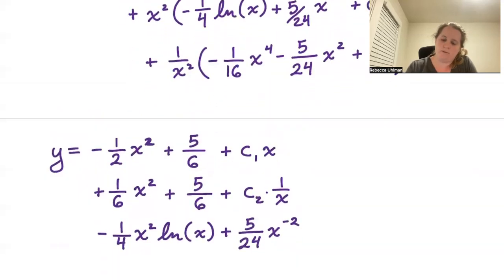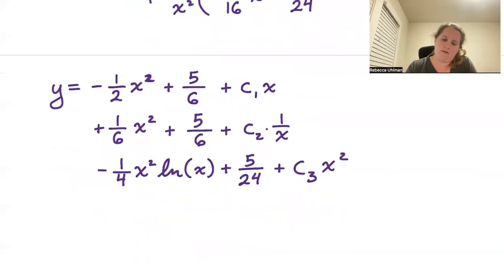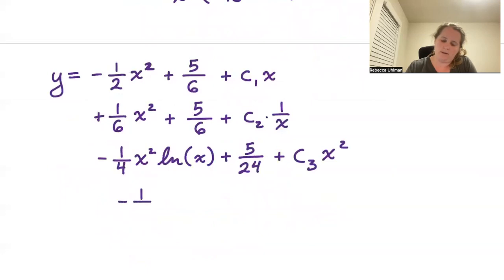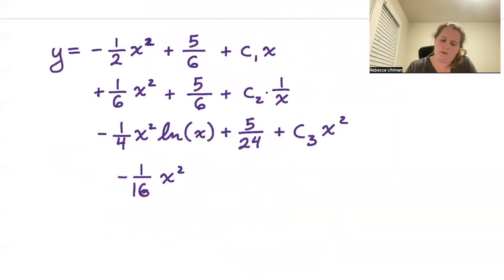Sorry, plus 5/24 plus c3 times x squared. And then we would have minus 1/16 x squared minus 5/24 plus c4 times 1 over x squared.